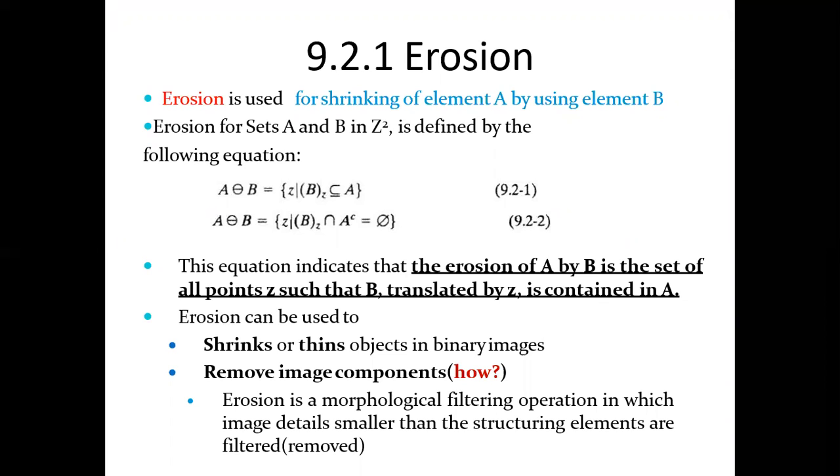This equation indicates that the erosion of A by B is the set of all points Z such that B translated by Z is contained in A. Erosion can be used to shrink or thin objects in binary images and remove components. Erosion is a morphological filtering operation in which image details smaller than the structuring element are filtered and removed.